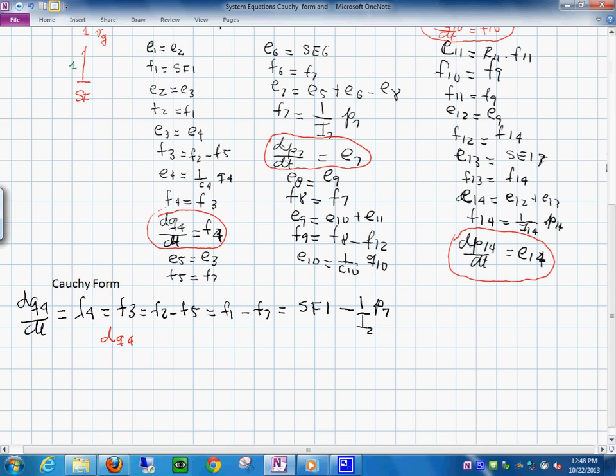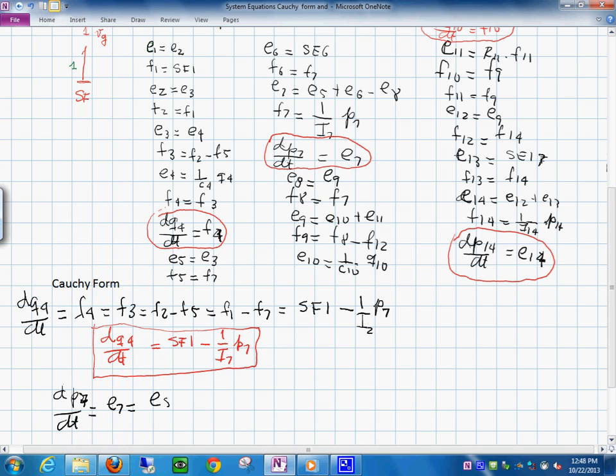So e sub 4 in this case is se6 minus e10, which was 1 over c10 q sub 10, and then minus e11, which is going to be r11 times f11. I think we have everything already done. The only thing we don't have is f11, so let's do that separately so we can substitute and not have to rewrite the equations every time.